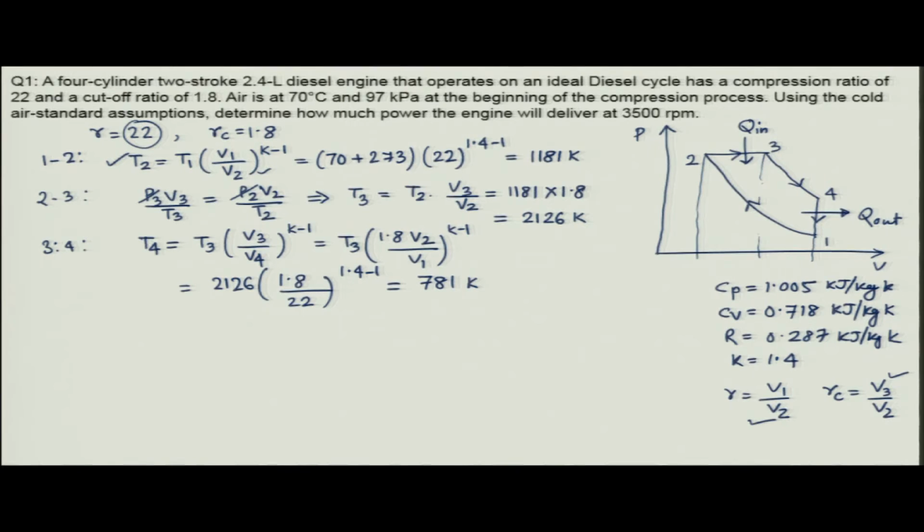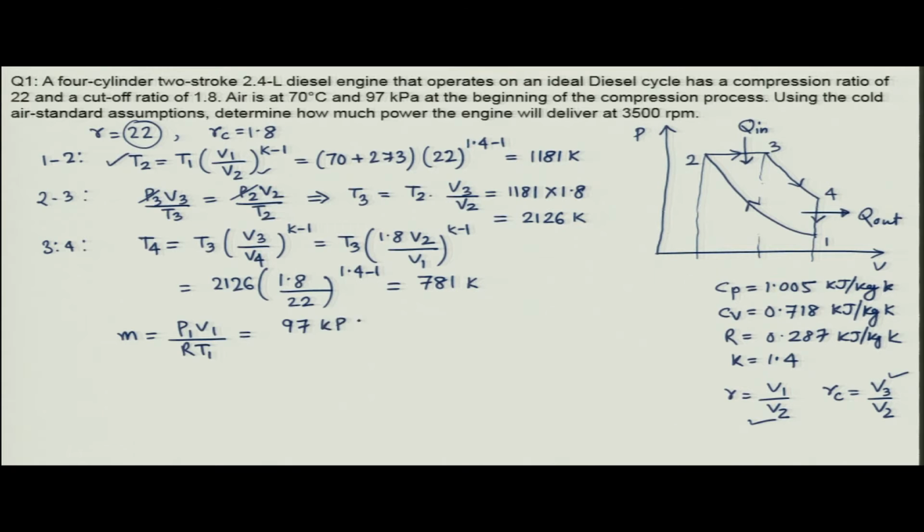Okay. So, now we have obtained the temperature of all the 4 points in this cycle, and for the cycle we can find the mass of the air that is operating in this cycle. So, we can find M, that is basically P1 V1 by R times T1. P1 is the pressure at the beginning of the compression stroke, which is 97 kilopascal.